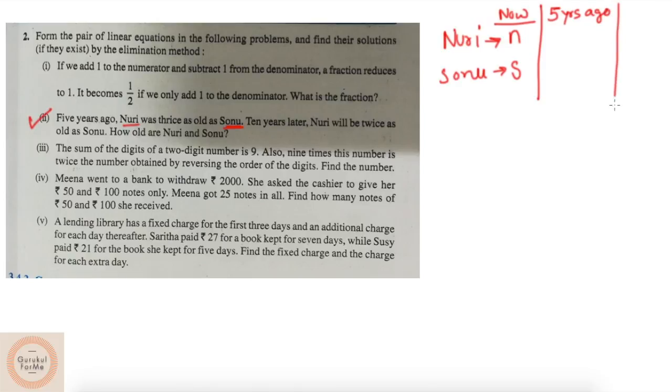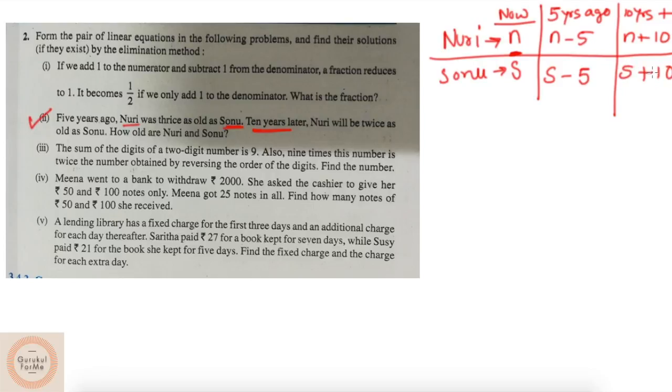If today my age is 35, 5 years ago I was 30, which means minus 5. Can I say that it's N minus 5 and S minus 5? And 10 years later they are talking. When I'm saying 10 years plus, after 10 years, if I'm 35, I'll be 45. So if Noori's current age is N, it will be N plus 10, and Sonu will be S plus 10.